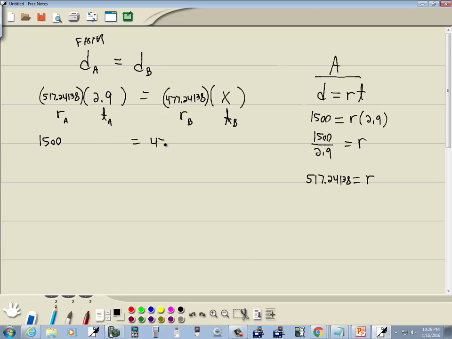And then this is 477.24138x. Now we're trying to solve for x. We're going to divide both sides by 477.24138. And let's see what that gives us.